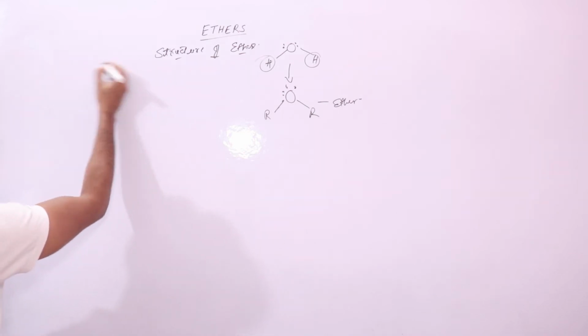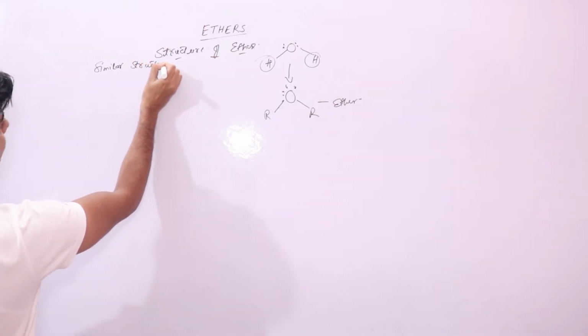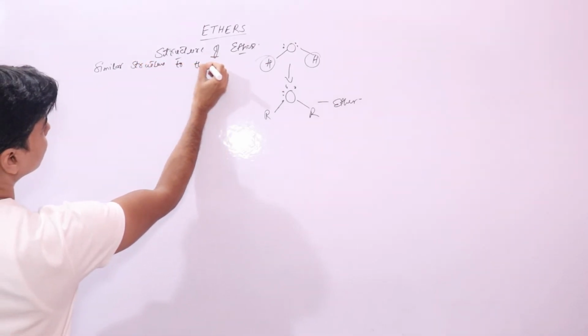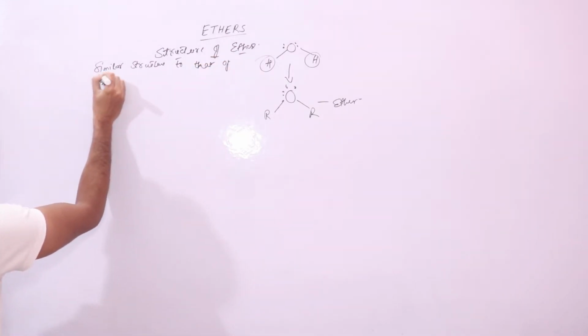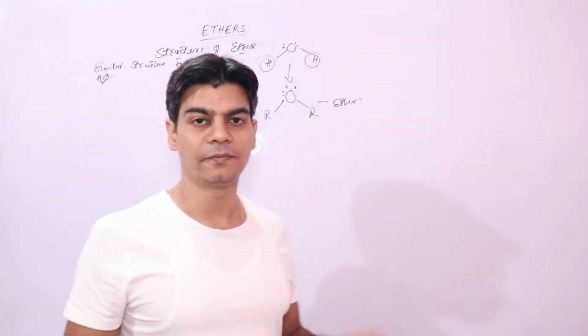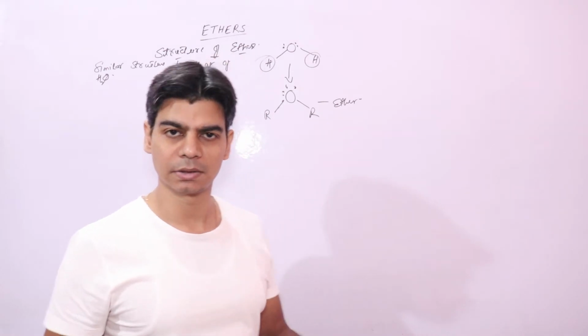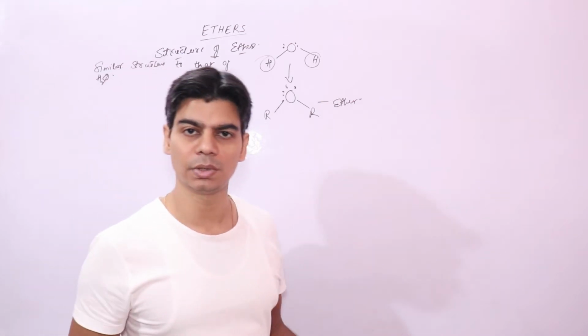So ethers have a similar structure to that of water, but with some differences of bond angle and other things. We'll see why the bond angle differs in ethers as compared to alcohols.